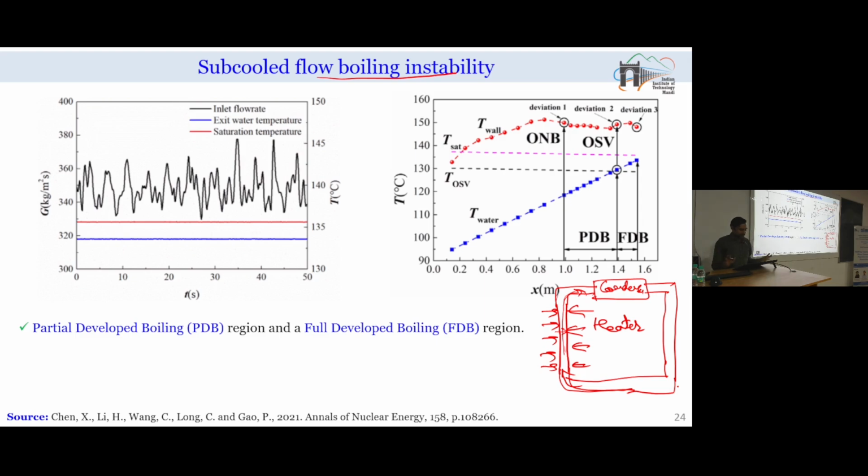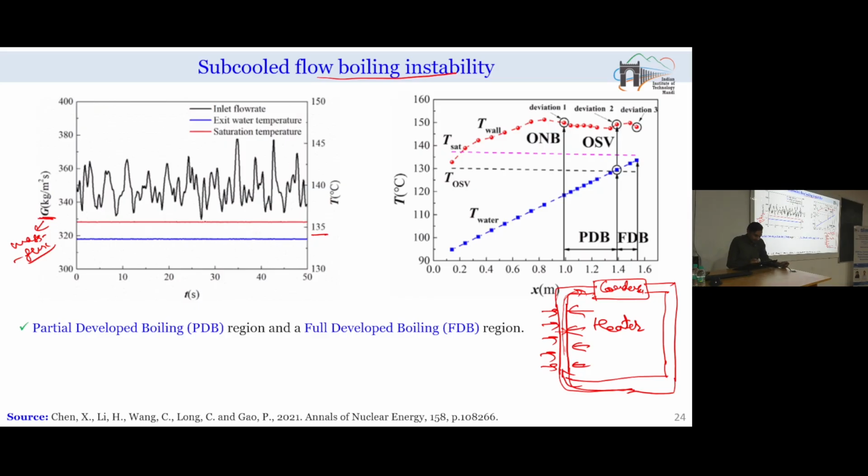So, typically, for the conditions we are considering, here along this side I have plotted mass flux. What is mass flux? The mass flow rate of the working fluid divided by the cross-sectional area of the tube is called mass flux. And on the right-hand side I am plotting temperature.